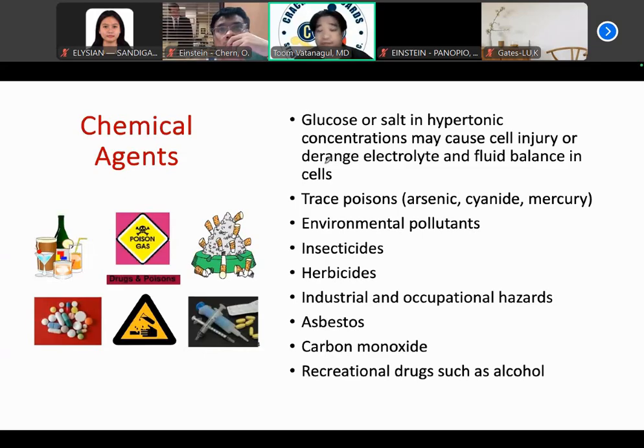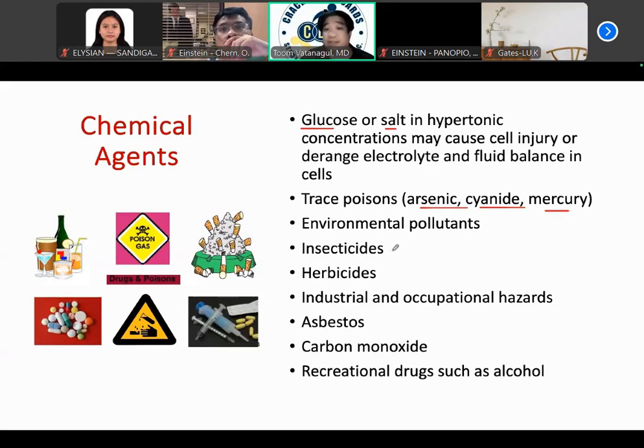Now for the chemical agents, very specific in 10th edition of Robbins. Half of what I'm showing you here is not seen in the 9th edition. So they now specify the arrangement of electrolyte and fluid balance, which is associated with glucose and salts. They mention trace poisons like arsenic, cyanide, and mercury, environmental pollutants, which is a separate chapter in Robbins under environmental pathology.